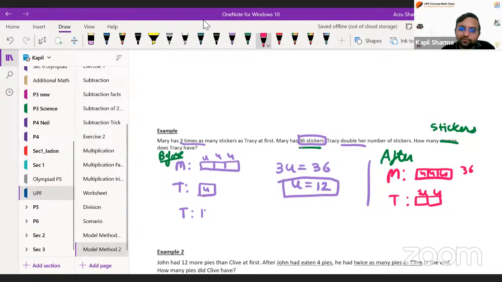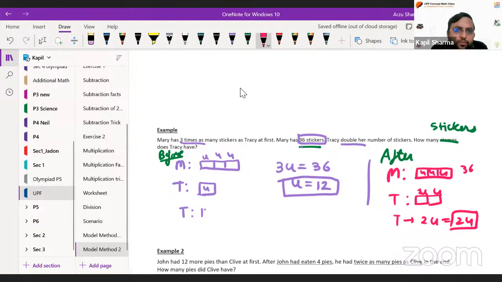Now 1 unit is 12, so 2 units is equal to 24. So did you guys understand this model method? I hope this is clear.